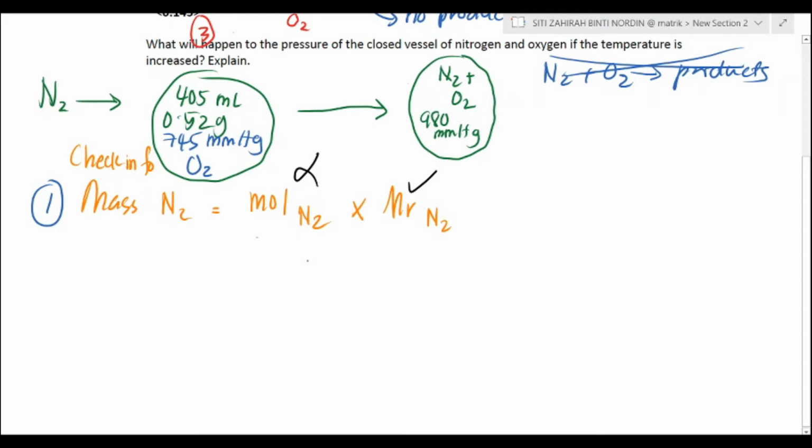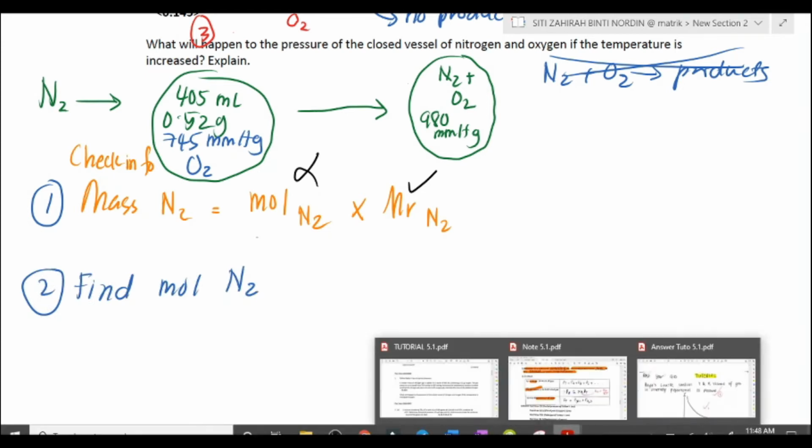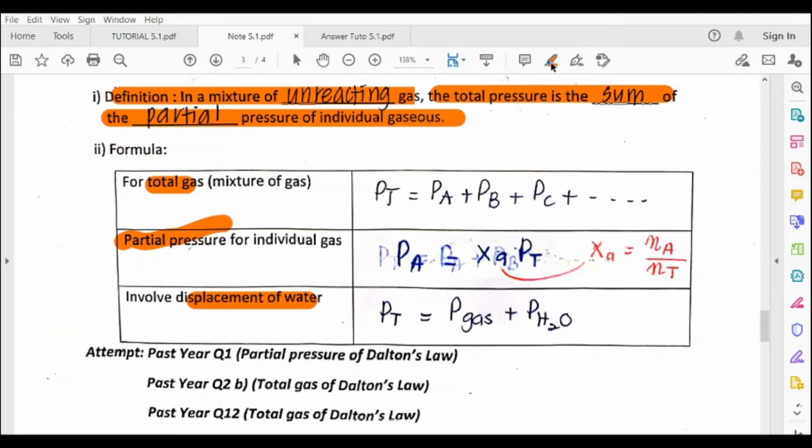So we need to find the mole for nitrogen gas for our second step. Check back your 3 formulas. Which one involves mole? Total gas? No. Partial pressure? Yes, we have our mole fraction. Displacement of water? Definitely no. The question does not mention anything about water.